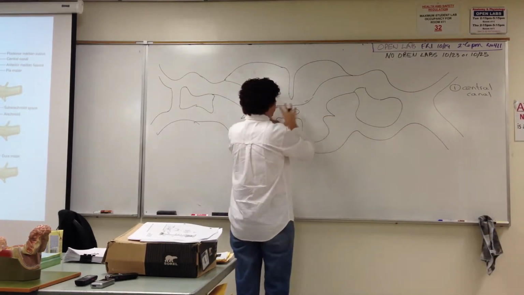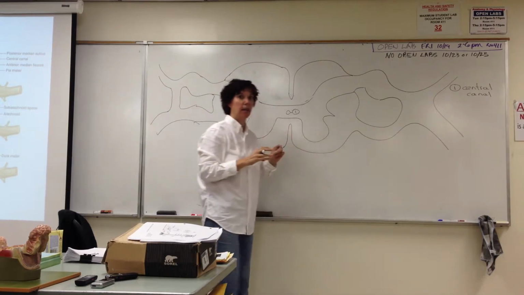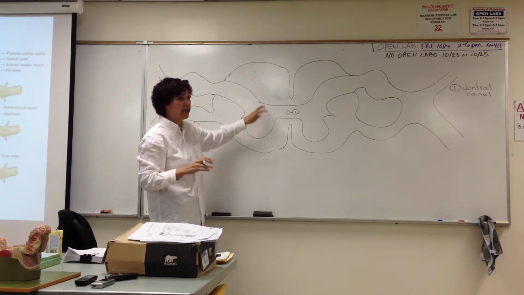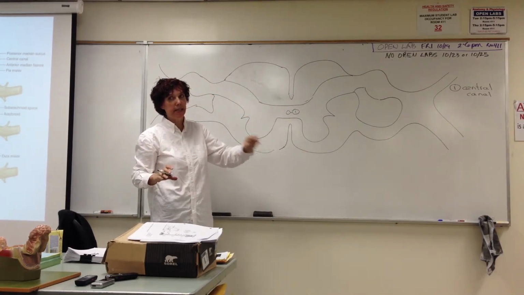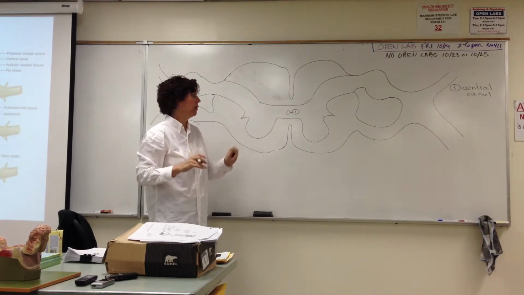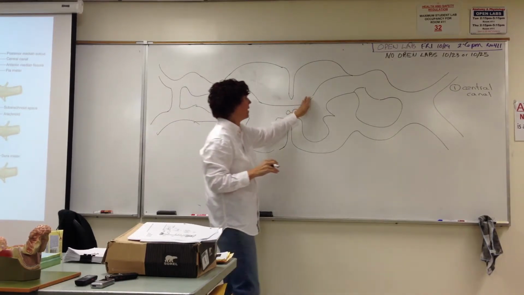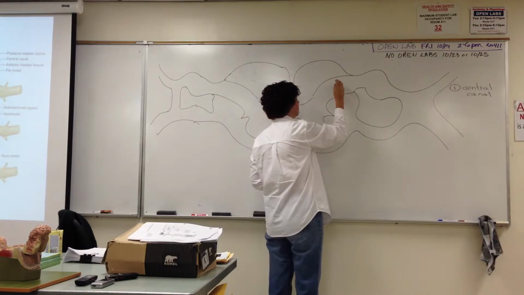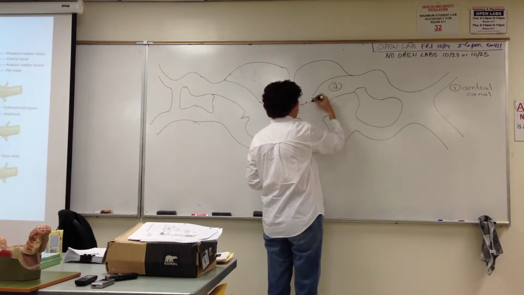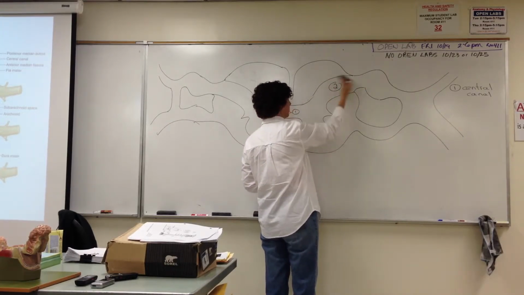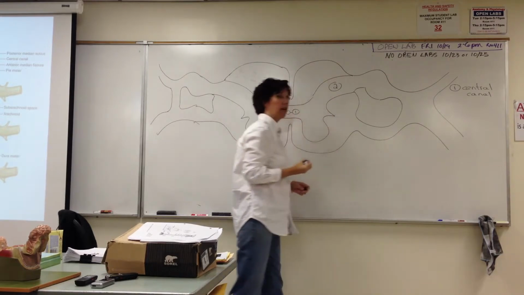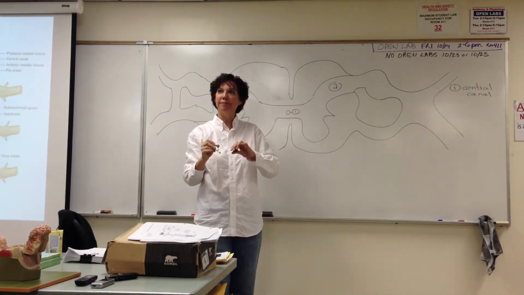All right. Now let's label the gray matter, okay? And again, these are collections of cell bodies. Some are sensory cell body neurons, some are motor neurons. So this region back here, kind of this whole area right here that I'm waving back and forth, is called the posterior gray horn.